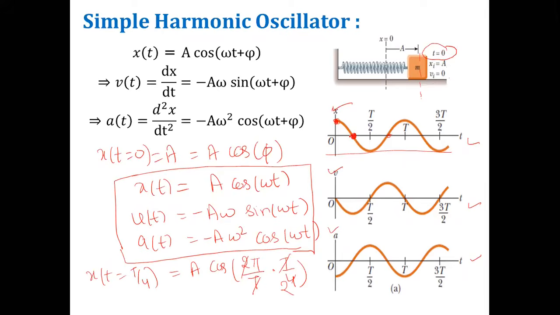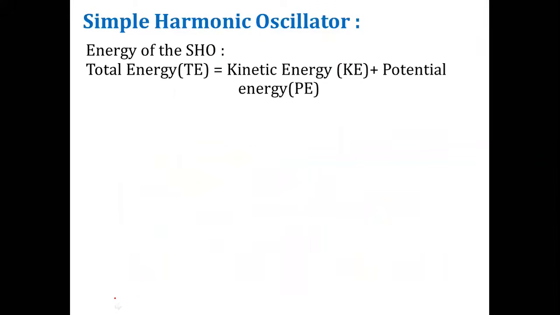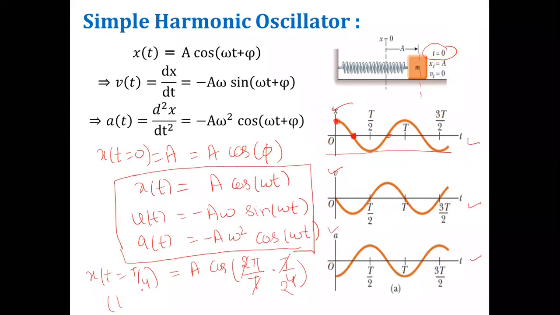Now, if you put t is equal to T by 2, half of the time period, you will have, at this point now, T by 2.